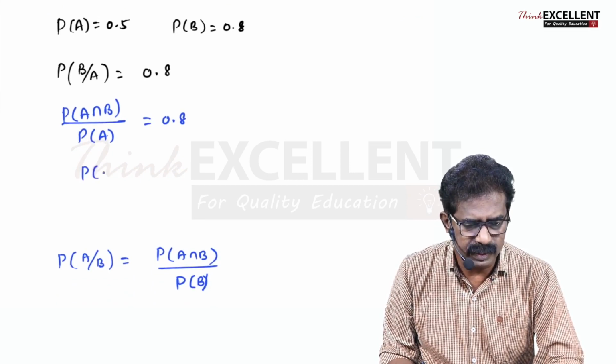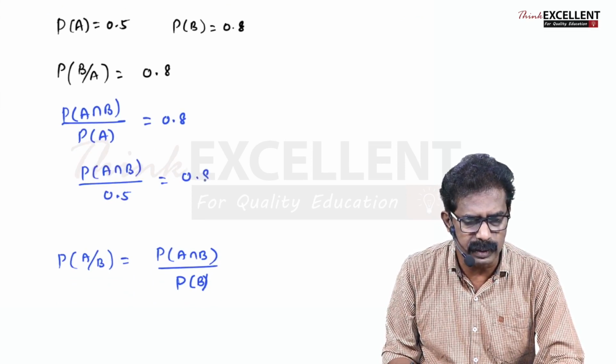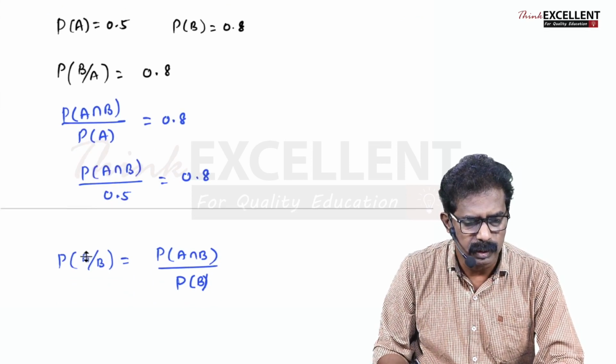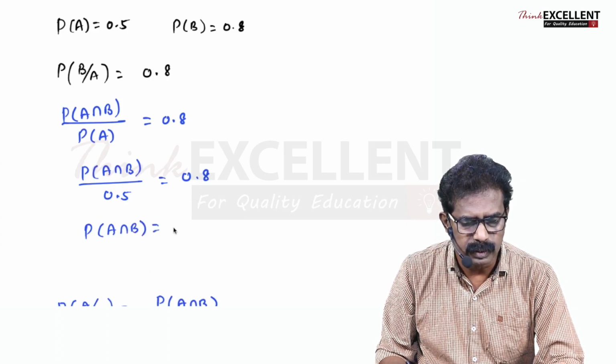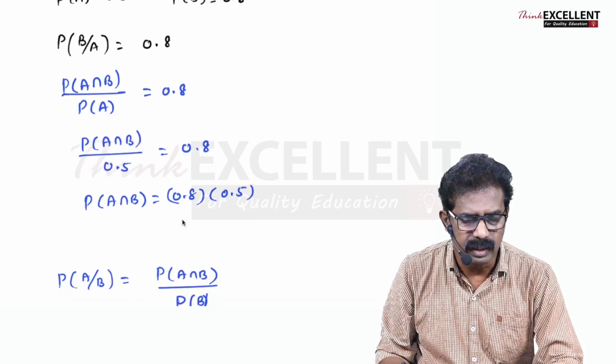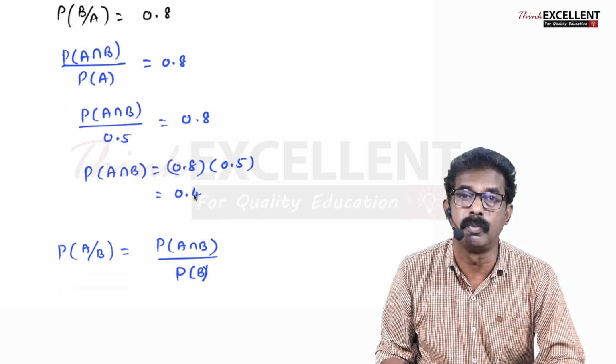So P of A intersection B by P of A, 0.5, equal to 0.8. Just cross multiply. So you will get P of A intersection B is equal to 0.8 into 0.5. 8 5s are 40. 2 digits you shift, you are getting 0.4.